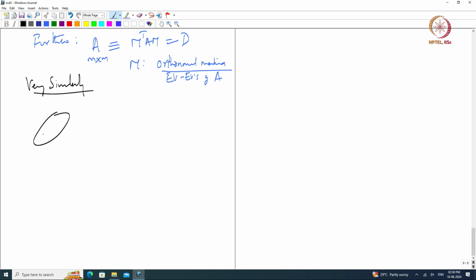I need something on the left of A, which is m cross m, and something on the right. This right one is n cross n, this is m cross m, this belongs to R^m, this belongs to R^n.